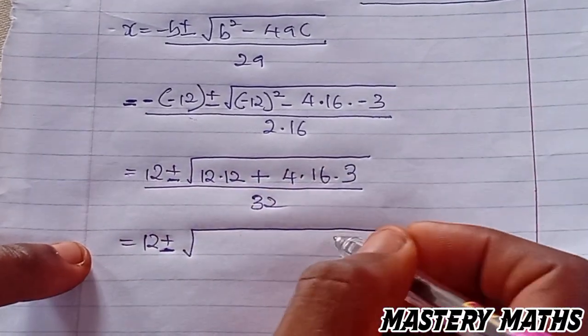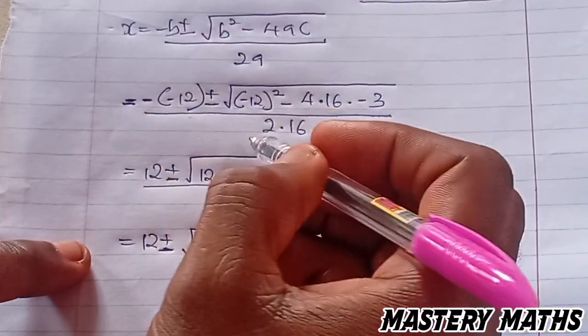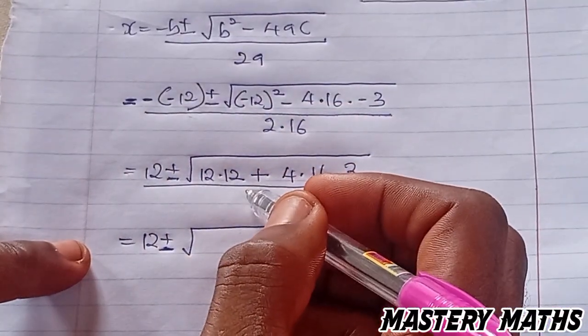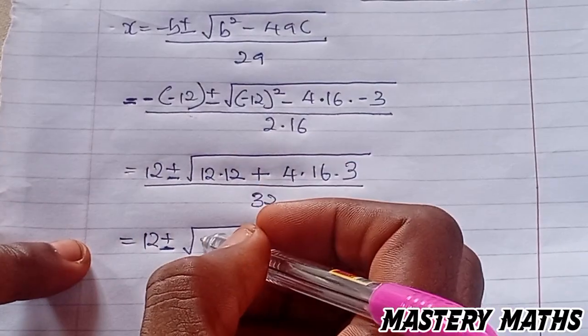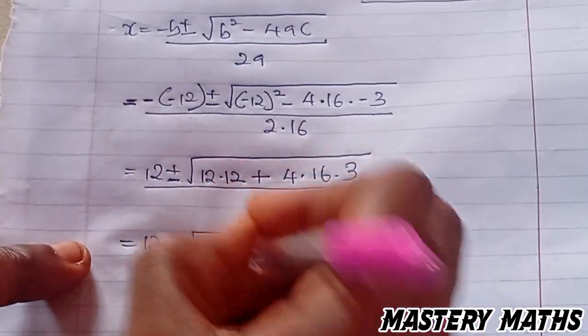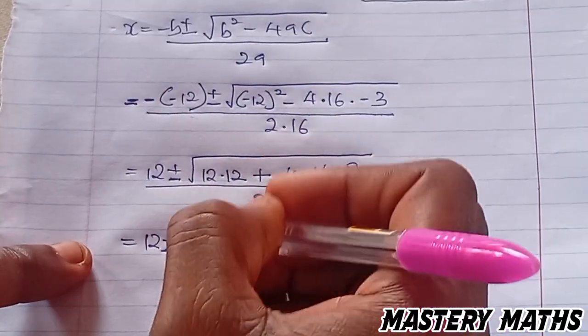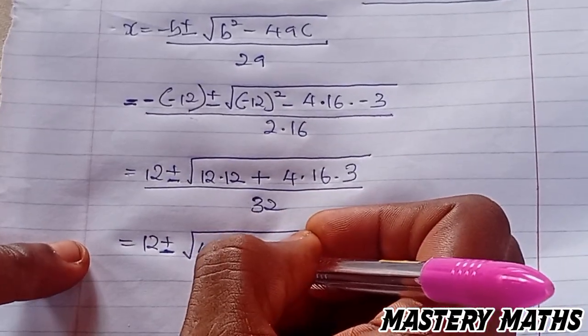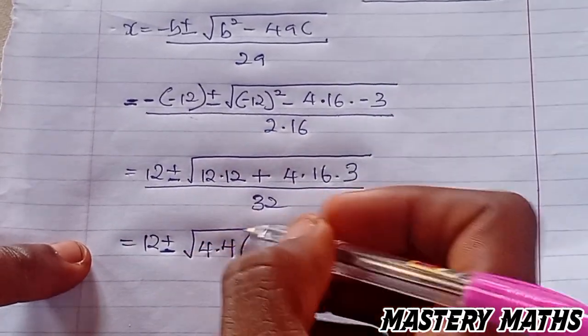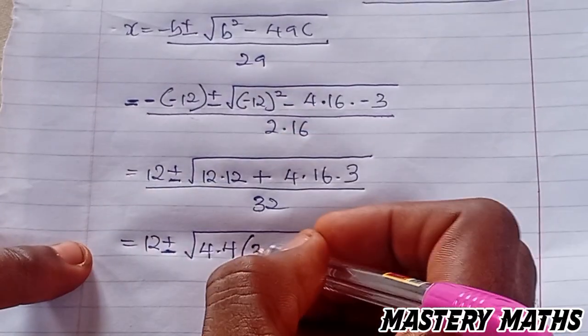Now we're going to look for the common factor. What is the common factor? The common factor here is 4. So you have 4 times 4: 4 goes into 16 four times, 4 goes into 12 three times, so you open a bracket. When 4 goes into 12 it gives you 3.